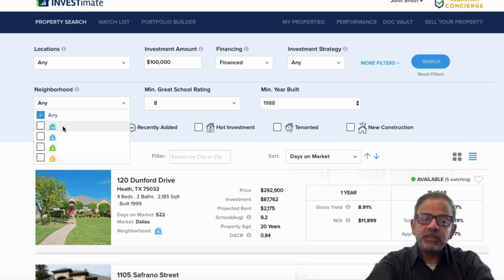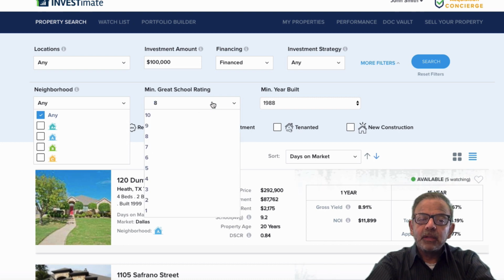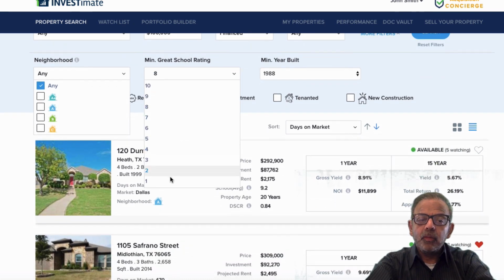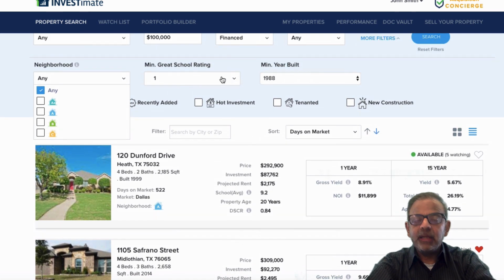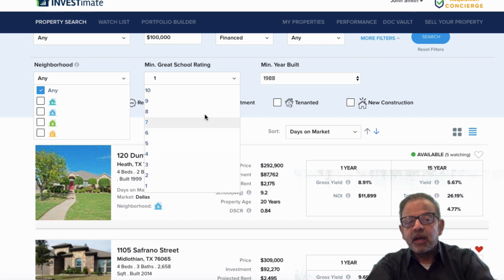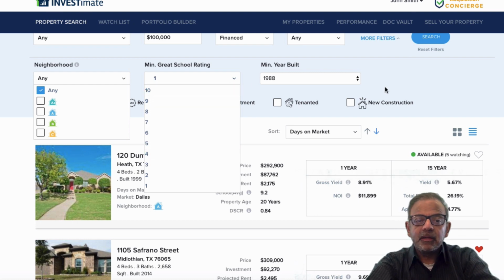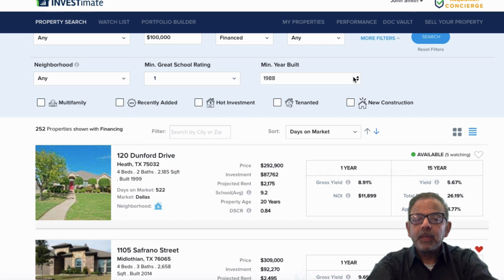So you can see how these start getting tied together. A lot of investors say, well, I really want to invest based on school district. That's a great surrogate. So you can pick any school district rating and then only look at properties that have a very high school district rating or something in between, depending on where you are.